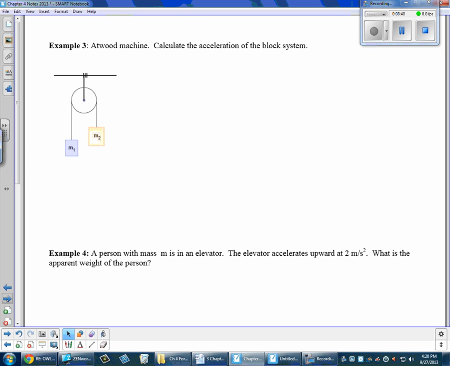Let's keep going. Let's take a look at a different kind of acceleration, a vertical acceleration. Example 3 is something called an Atwood machine. I've got two blocks hanging over a pulley, and the pulley is free to rotate. In this scenario, we're going to assume that the pulley itself is frictionless and massless.